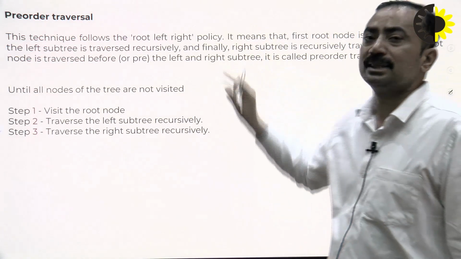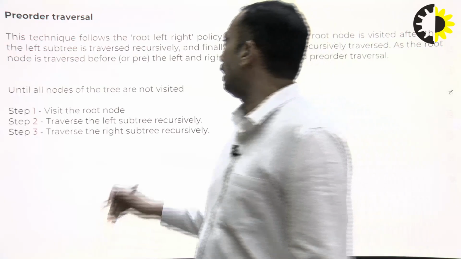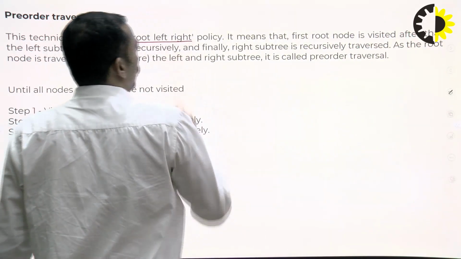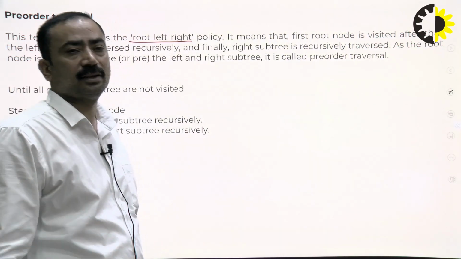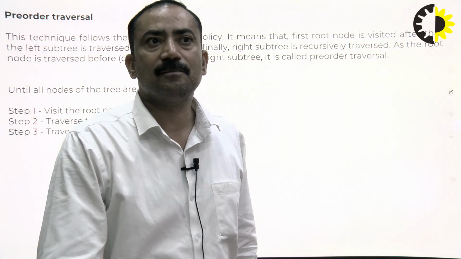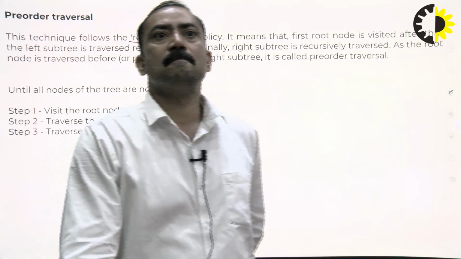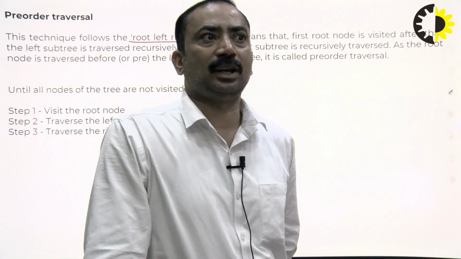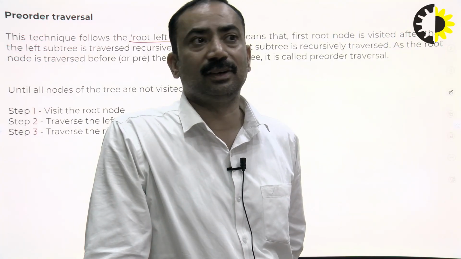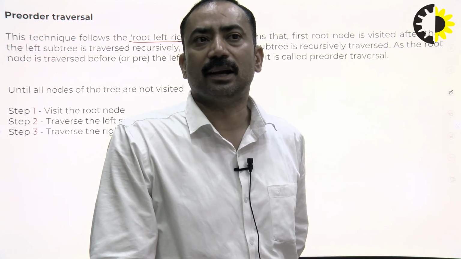First discussion is pre-order traversal. This technique follows the root, left, right policy. It means the root node is visited first. After that, the left subtree is traversed recursively, and finally, the right subtree is recursively traversed.